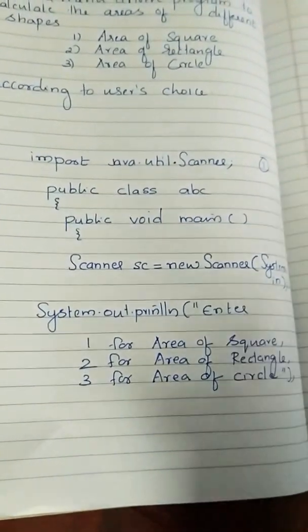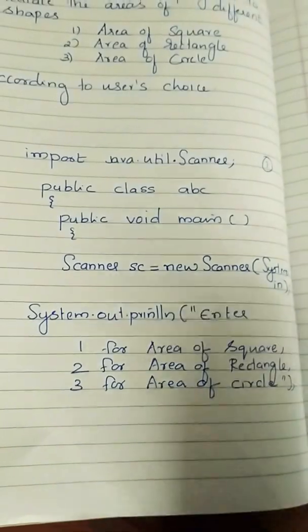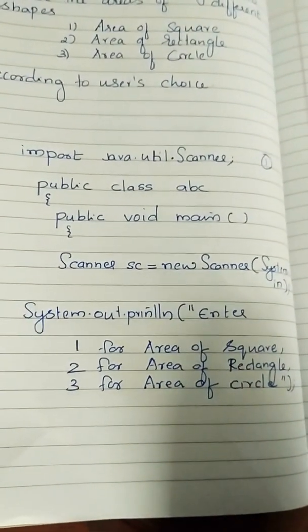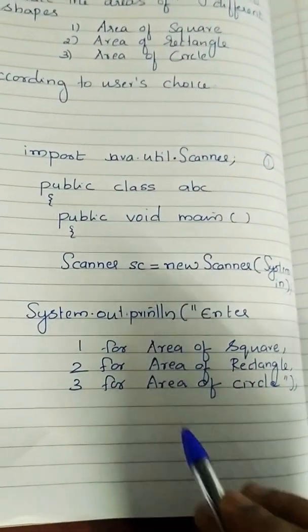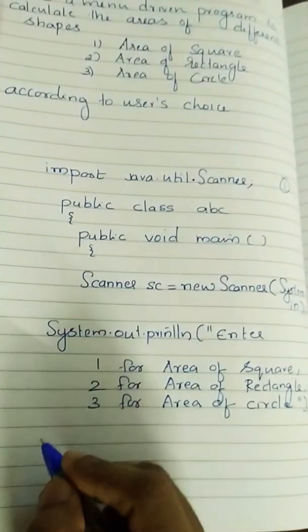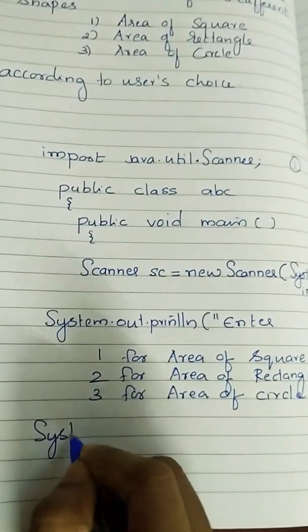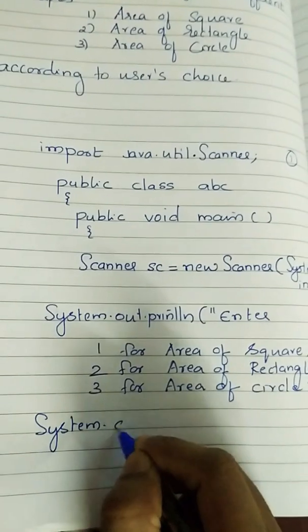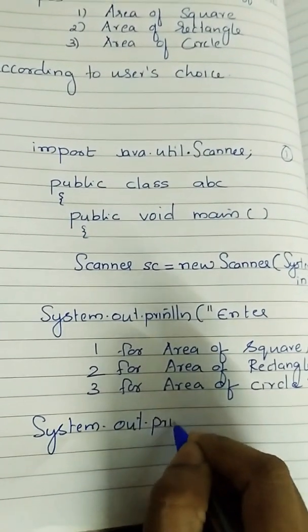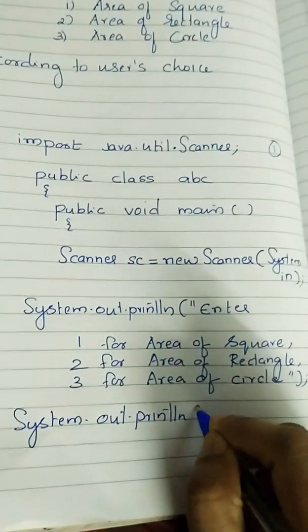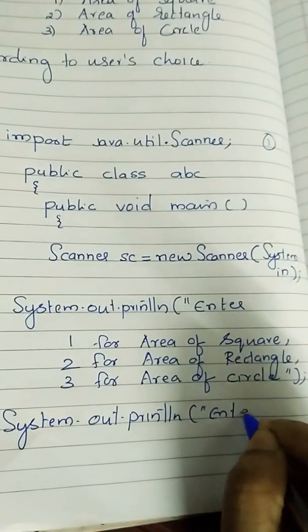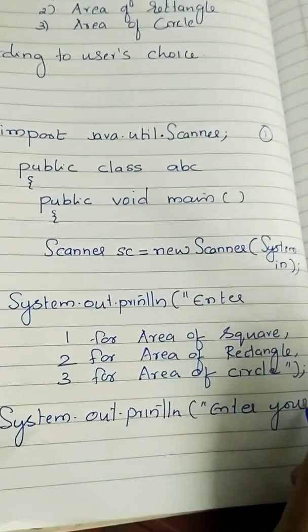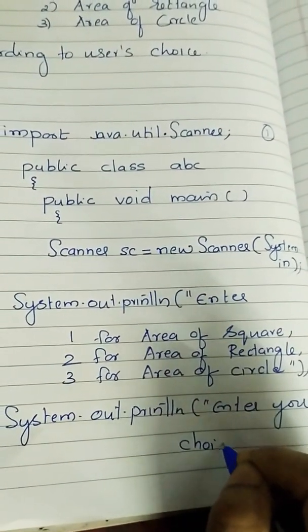Now the next is that we have to ask the user which choice they would like to select. So for that, again I prompt the user to enter their choice. So again, System.out.println, enter your choice. So they can enter their choice.